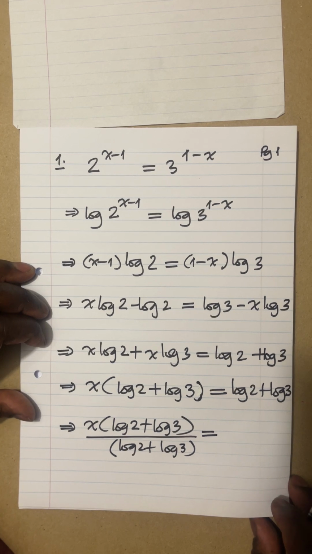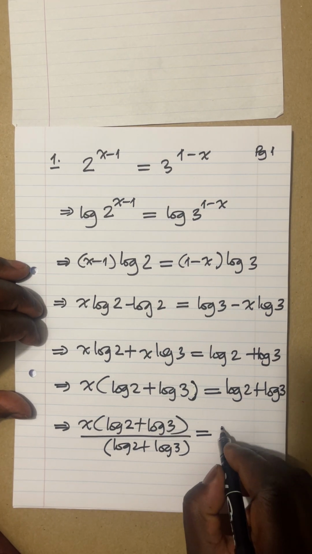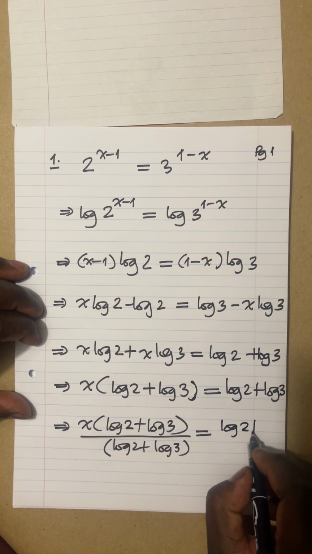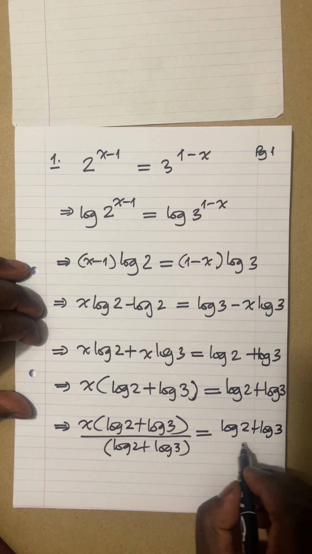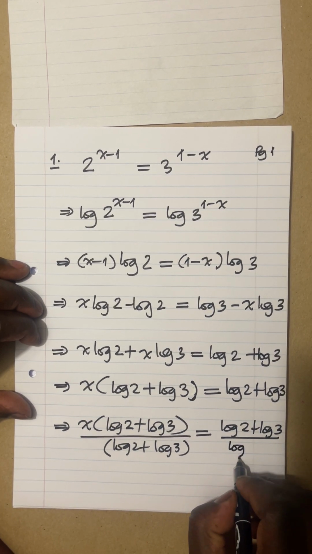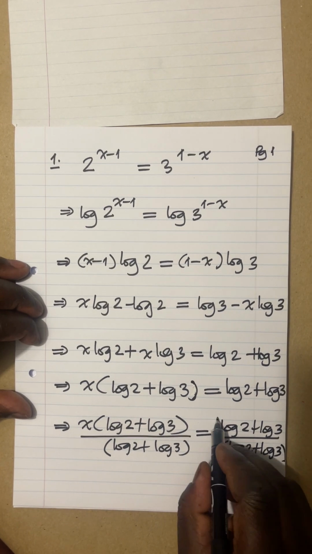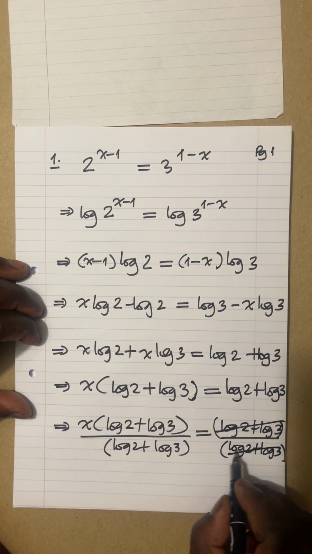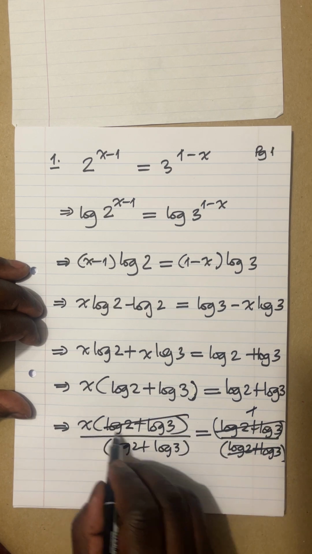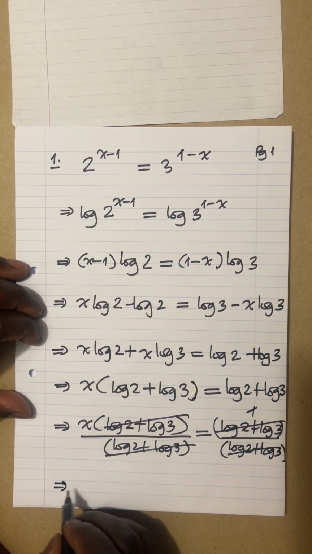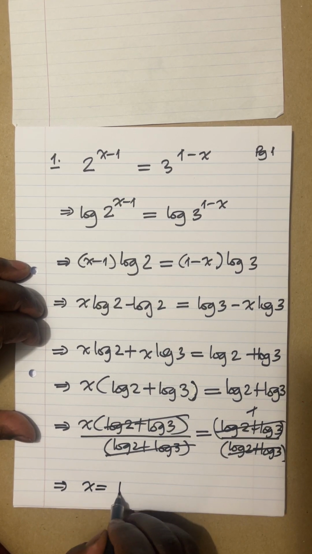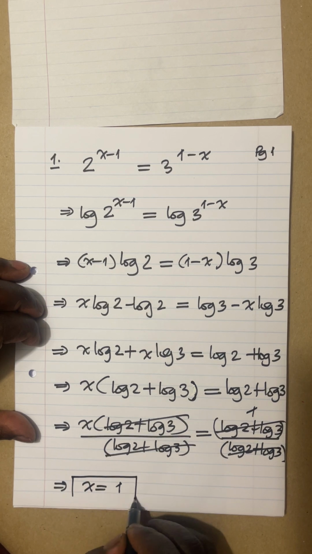On the right hand side, we have log 2 plus log 3 all over log 2 plus log 3. And obviously you can see that on the right hand side, this cancels that. Our answer is 1. And obviously that cancels that. So what do we have as our final solution? x is equal to 1 as our final solution. That's approach 1.